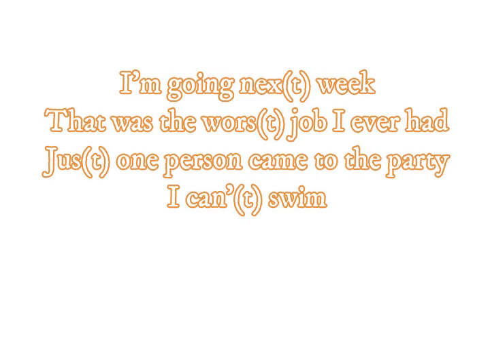Alright, then next I have, just one person came to the party. And finally, I can't swim. The sound t, that again is between n and s. So elision is where we actually remove a sound completely. And like we said, t and d are being eliminated, especially when they are between consonant sounds.